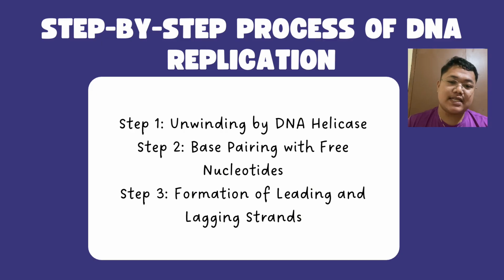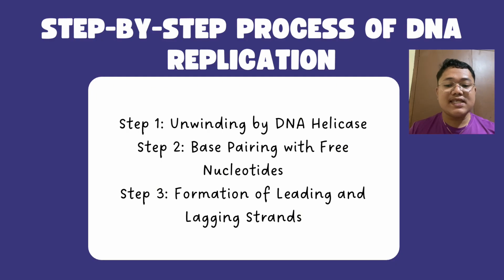The second step is base pairing with free nucleotides. Once the strands are separated, the exposed bases attract free nucleotides found within the cell. Cytosine pairs with guanine and adenine pairs with thymine. Each nucleotide attaches one at a time.